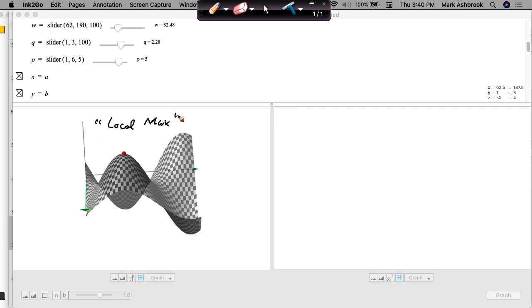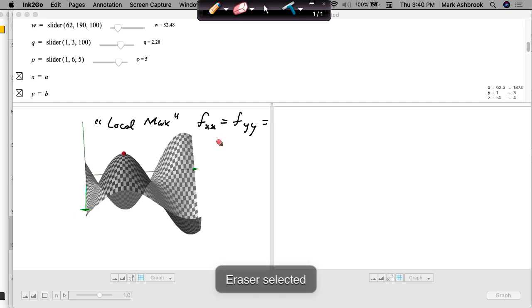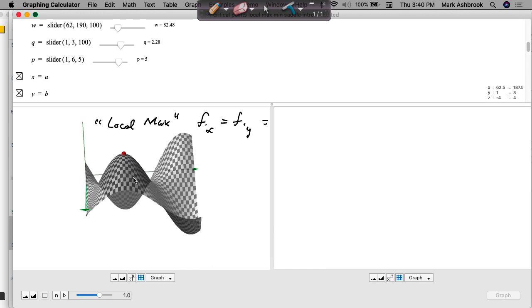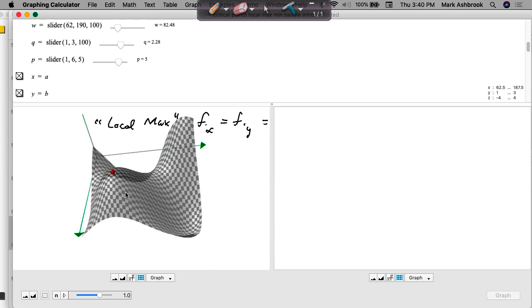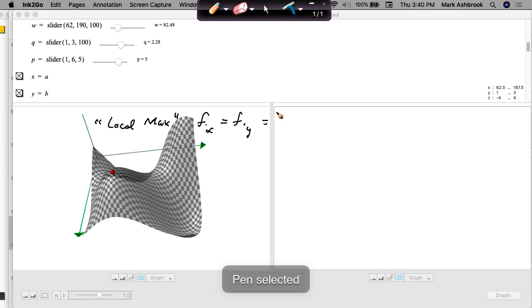What's true at a local max? fx and fy equal 0, and the second derivatives are both negative, right? So this is okay.